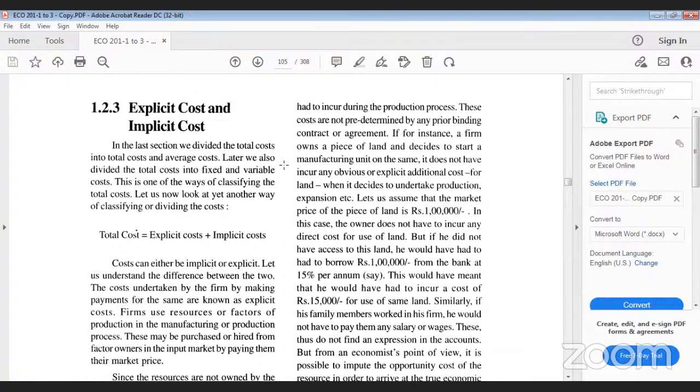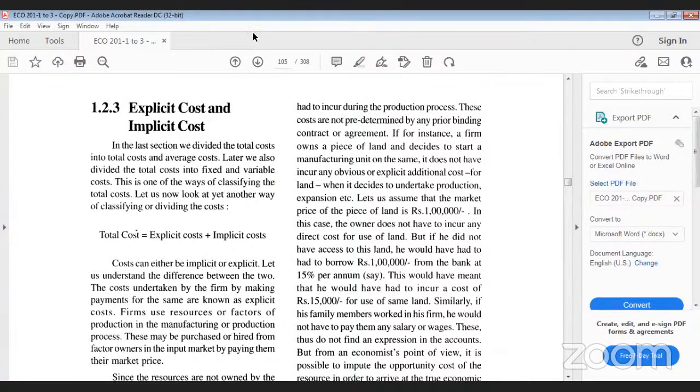And since the resources are owned by the firm, these costs are incurred during the production process, and these costs are not predetermined by any period-binding contract or agreement.